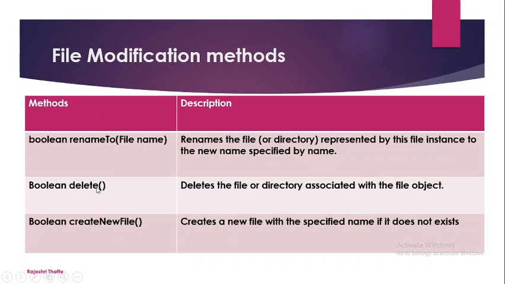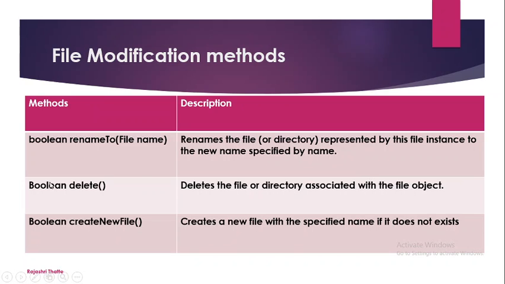boolean delete. Whatever object you use to call this delete method, the file available in that object will get deleted after execution of this method. So it deletes the file or directory associated with the file object. If the object holds a file, the file will be deleted, or if it holds a directory, the directory will be deleted.